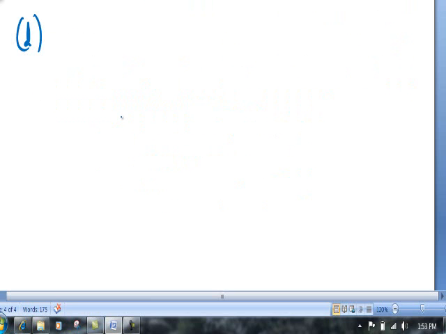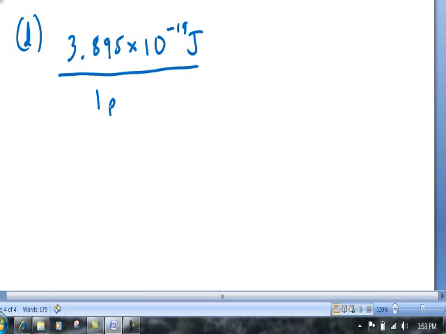The last part of this question asks us to now find the energy that would be released if not a single photon of light was released, but an entire mole of photons of light is released. This we can solve using a proportion. We now know that 3.895 times 10 to the negative 19th joules are released per 1 photon, which means we would get x joules being released if we released a mole of photons.